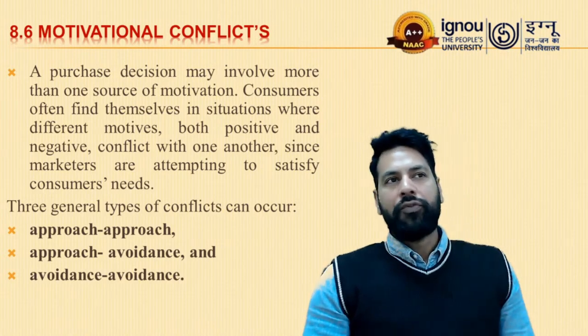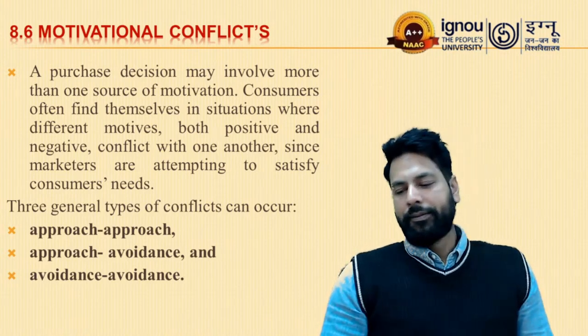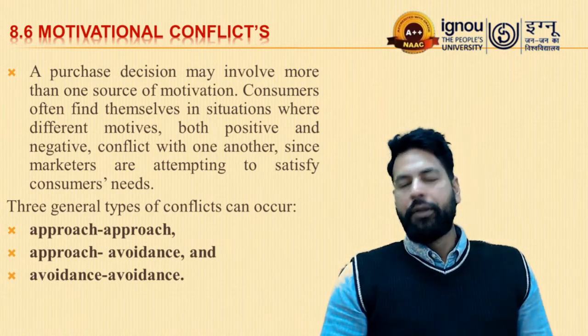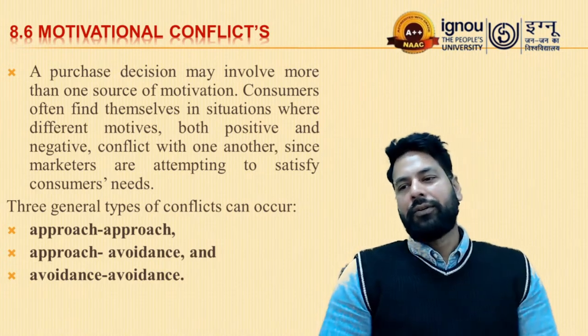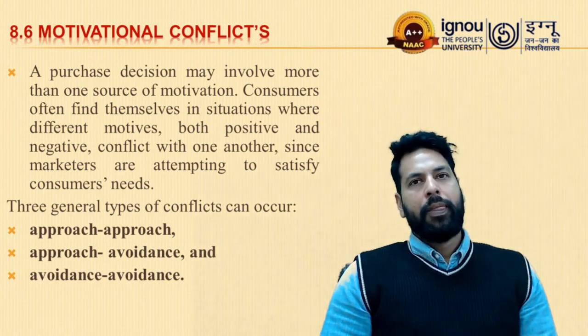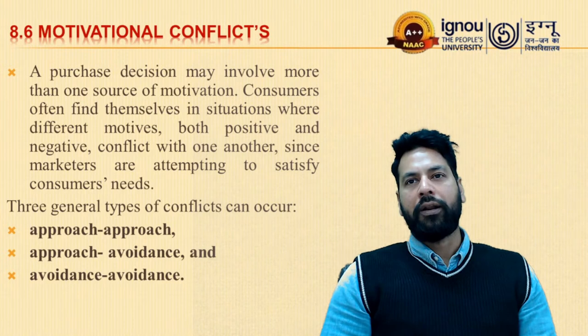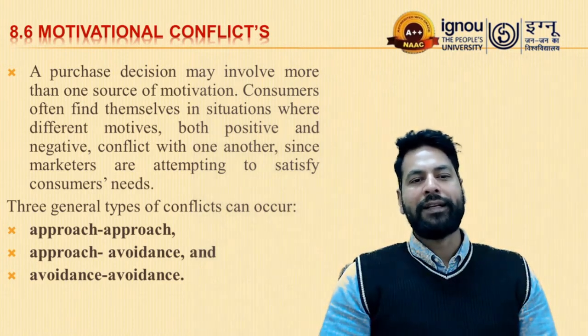So these types of conflicts, because they come from different sources, mix and match my motivational level. And this motivational conflict can occur in three ways. That is approach, avoidance, and avoidance.